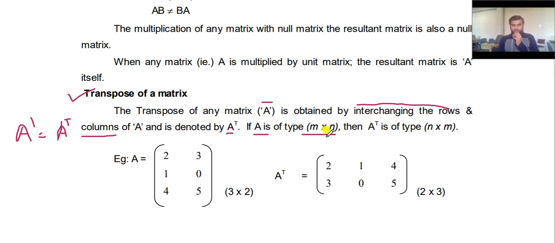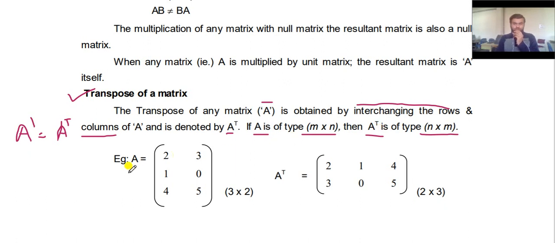After the transpose of the matrix, the order of the matrix A T becomes n into m. It is reversed. So after the transpose, the order of the matrix will be reversed.